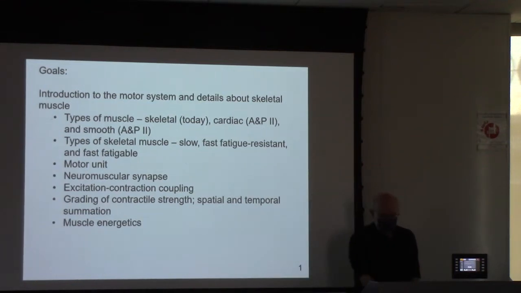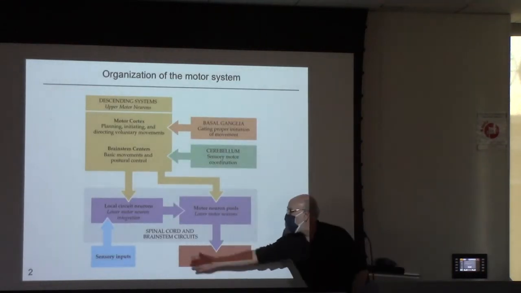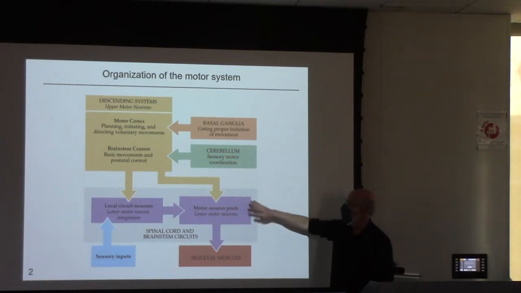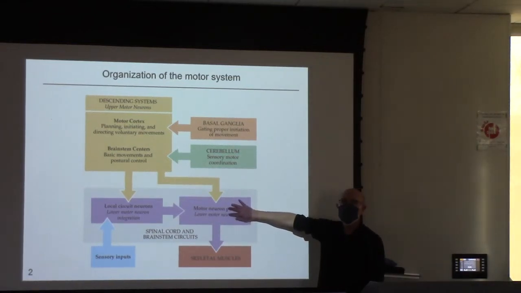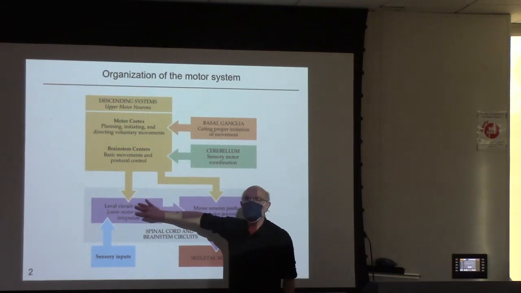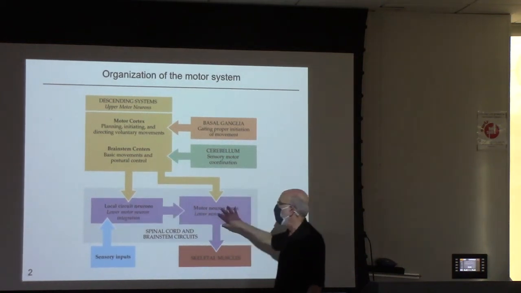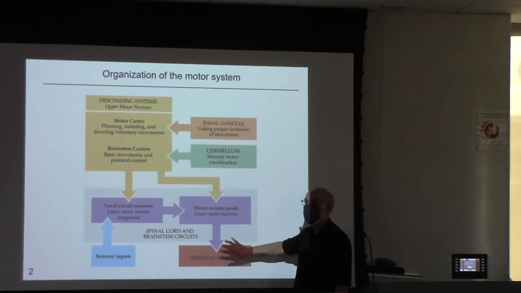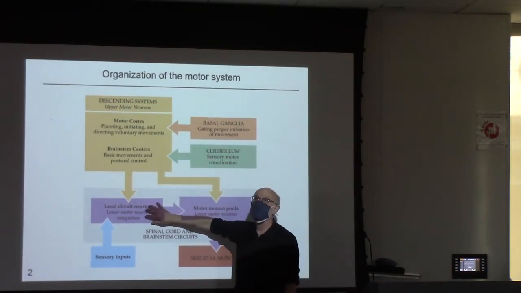And then we're going to focus on the output first, and then we will move upstream. Talk about motor neurons that control skeletal muscle. Talk about circuits in the spinal cord that control the motor neurons that control muscle. So there's a lot of processing actually in your spinal cord.